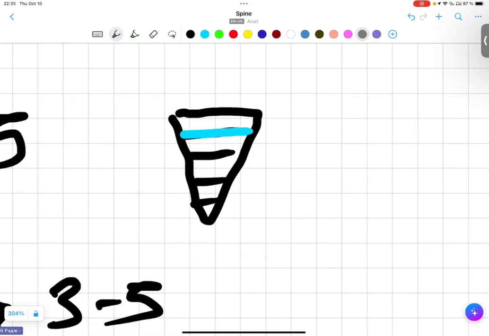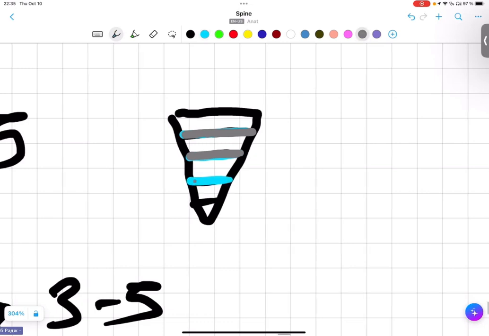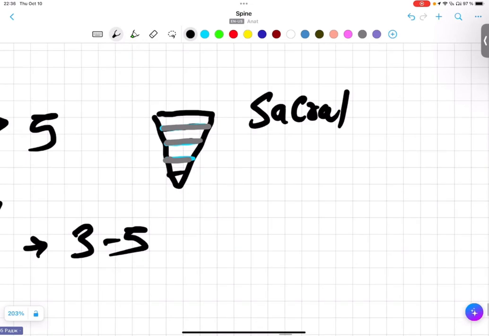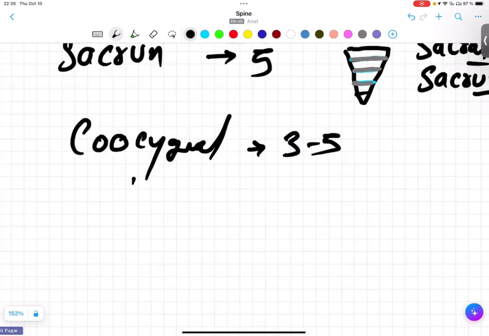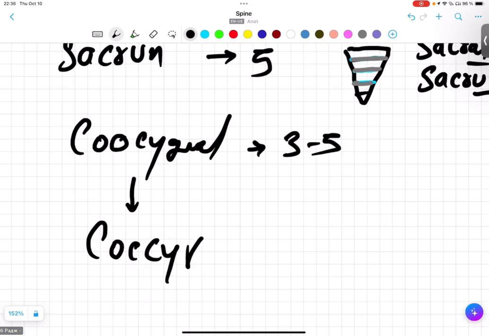Now it will start to ossify. The 5 sacral vertebrae that you had here will form the sacrum. Similarly, you had coccygeal vertebrae. They will fuse to form the coccyx. That is why you must have read about coccygeal vertebrae and coccyx also.